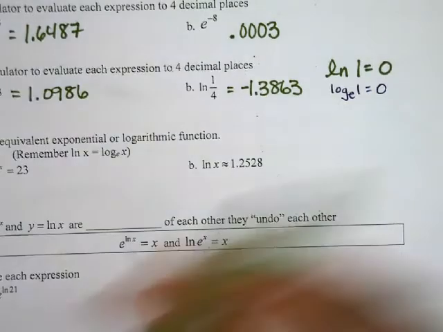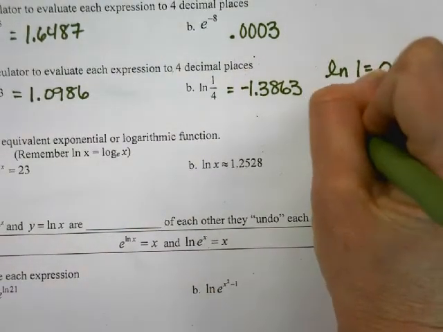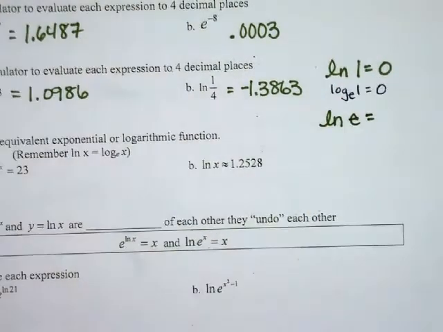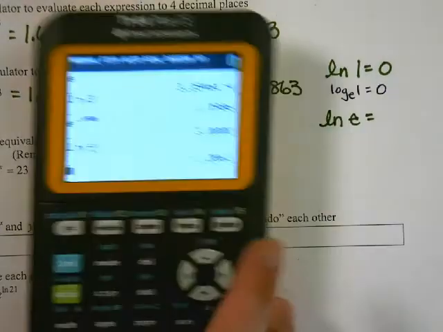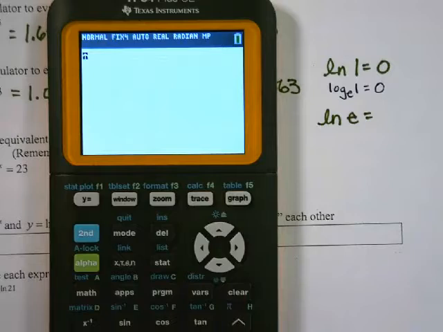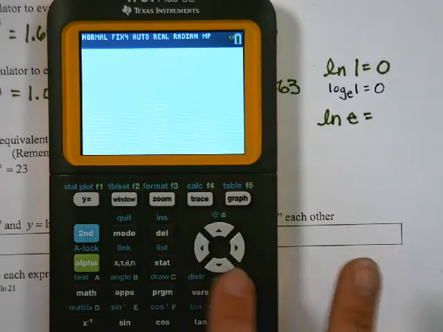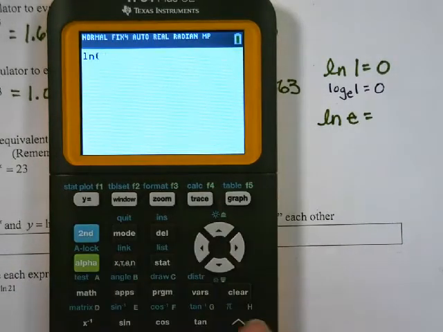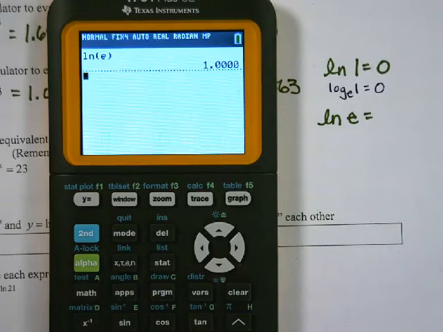Okay, here, try another one. So when you put this one in your calculator, you probably want to do, oops, I hit the wrong button. What did you get there? 1.